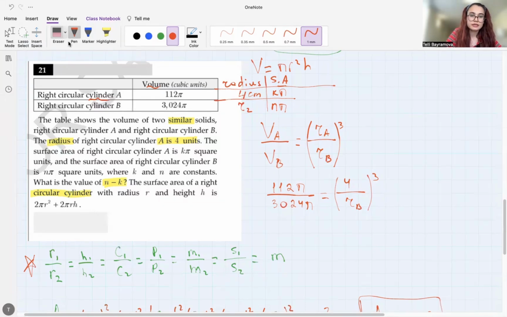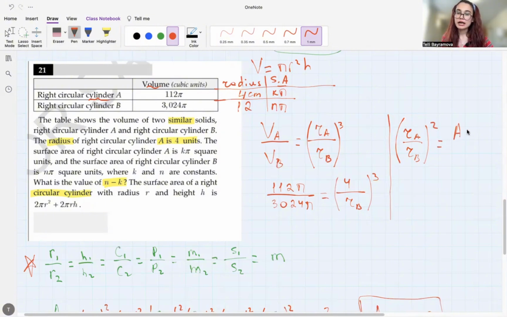Now R is 12. Guys, now what do we know? Radius A over radius B square equals to what? Area A, surface area A, let's say KP over NP, right?